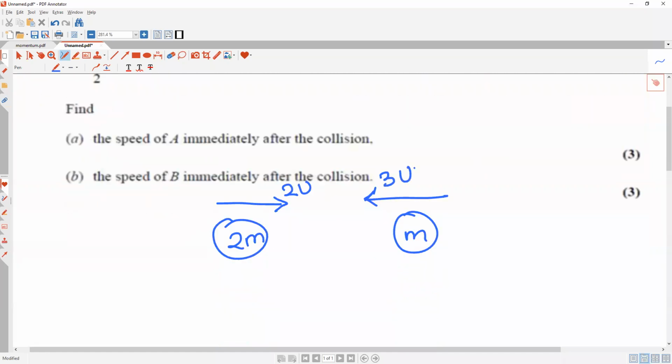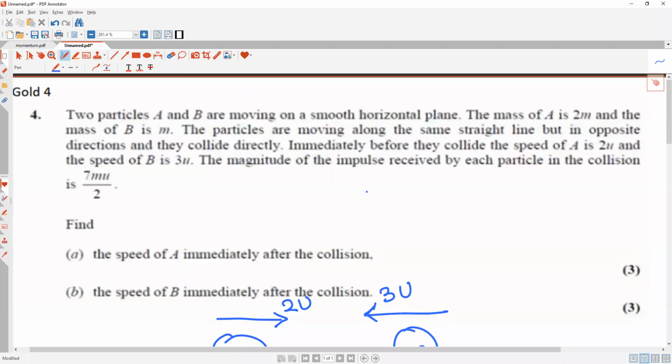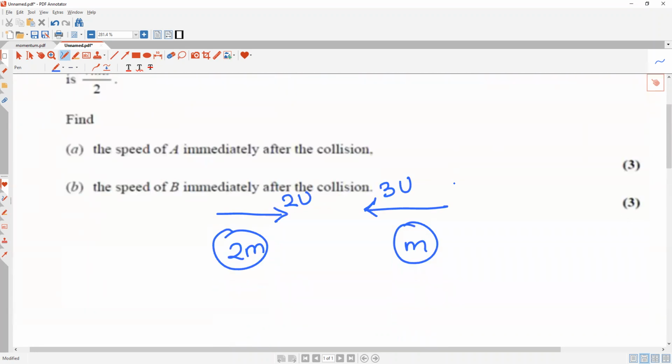Now, the magnitude of the impulse received. Impulse is the same for both of them. Particle A will hit particle B towards the right. So what will be the direction of the impulse? For A the impulse direction, and by the way, this is negative 3u. By convention we are taking the right side to be positive and the left side to be negative.